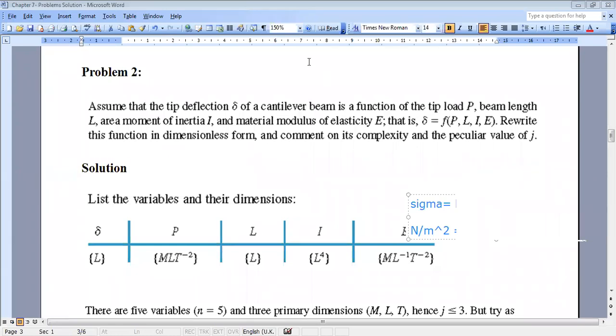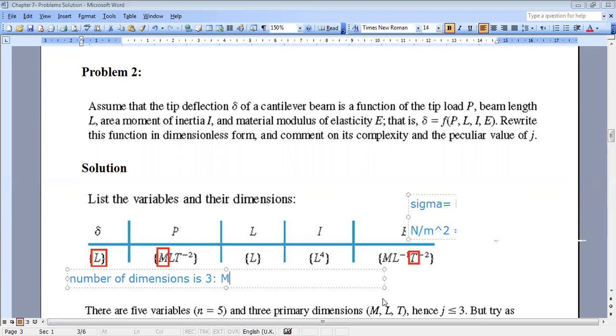We have 3 dimensions involved in this problem: L, M, and T. So the number of dimensions involved is 3, which are M, L, and T.